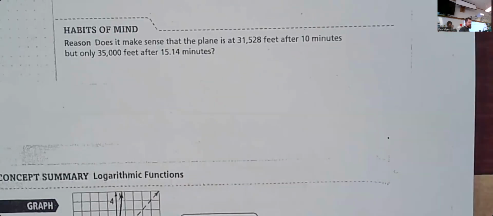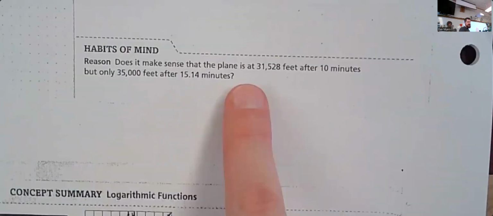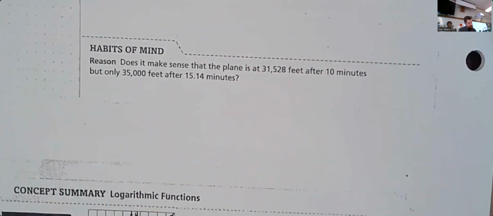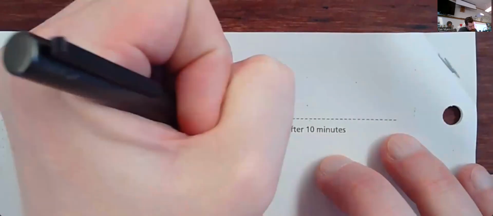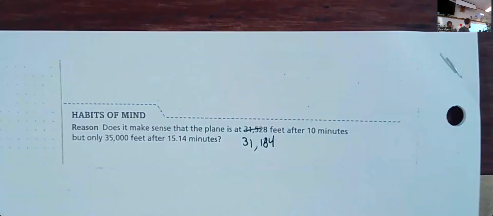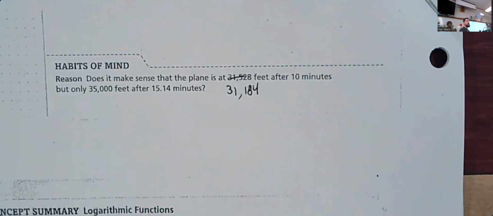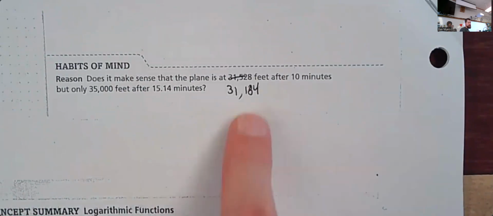Regardless, it's not that much of a difference, but does it make sense that the plane is at, let's write our answer, 31,184. Think about this for a second. After 10 minutes, it's already gone up to 31,184 feet.